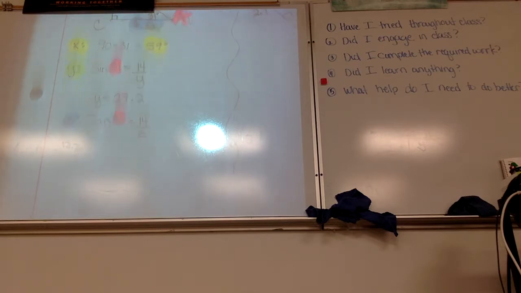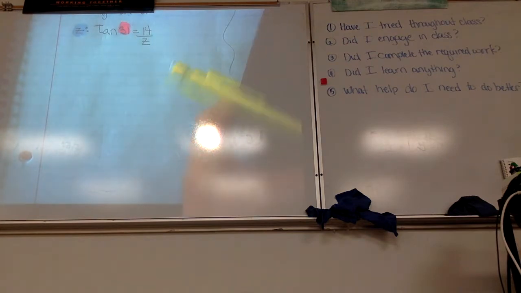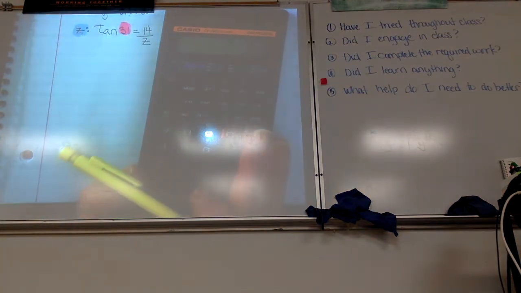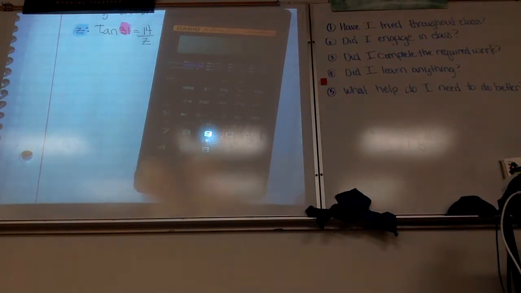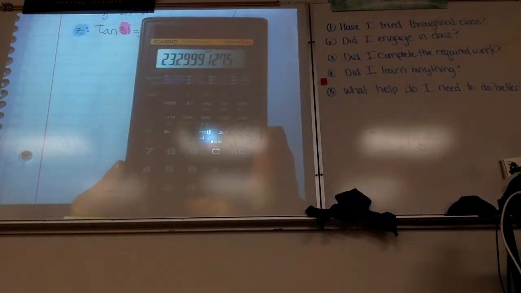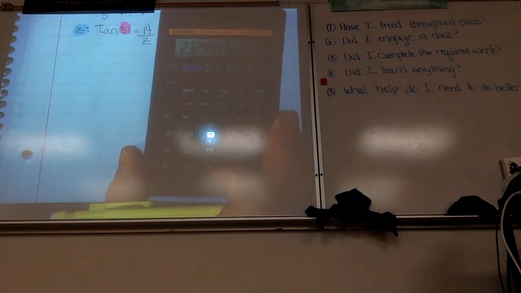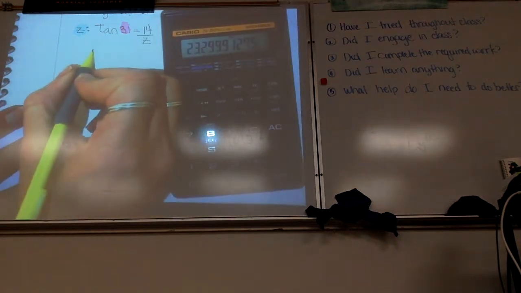Multiply or divide? Another divide one, so try it out again, see if you can get it correct. So 14 divided by tan of 31 or 31 tan.